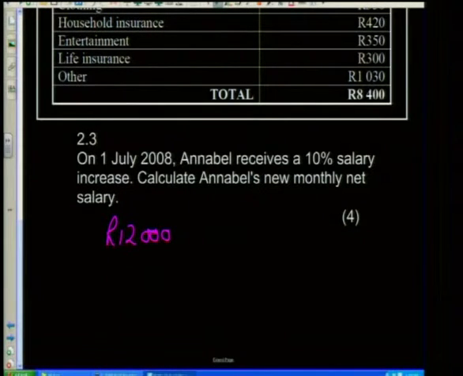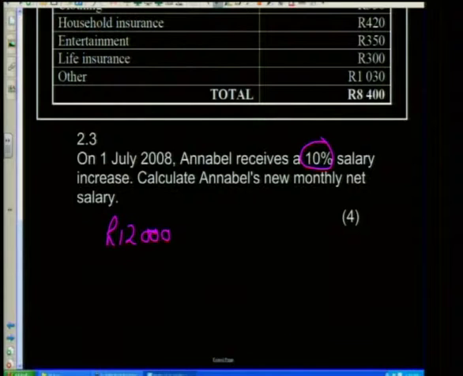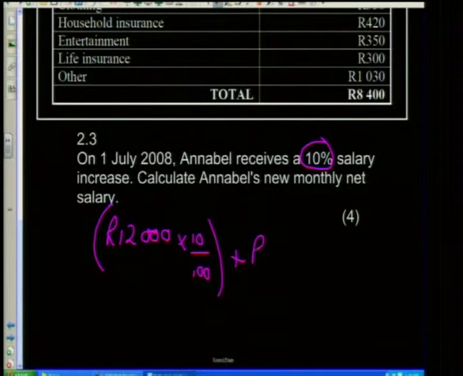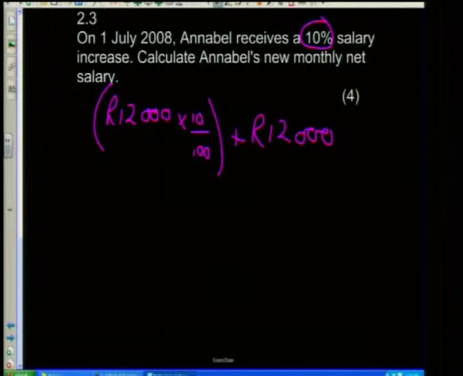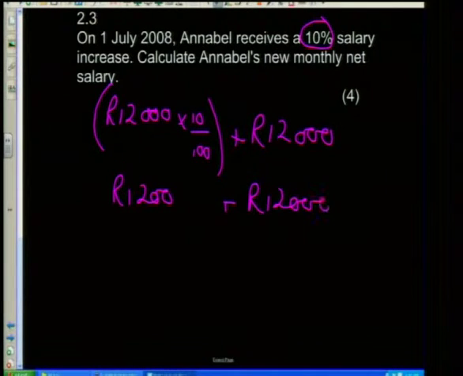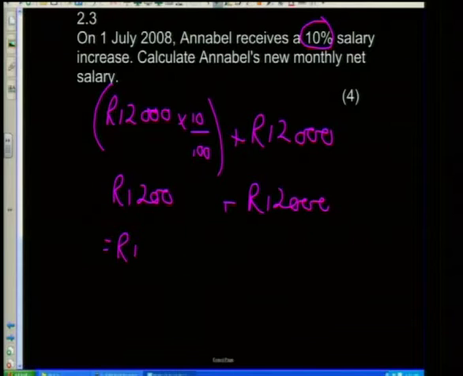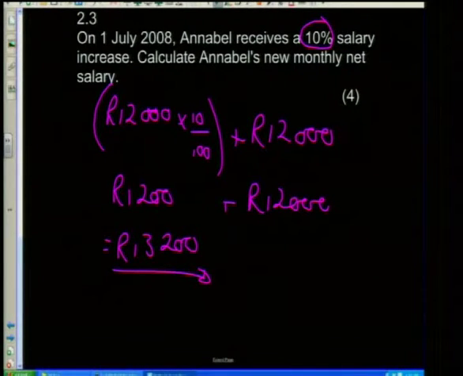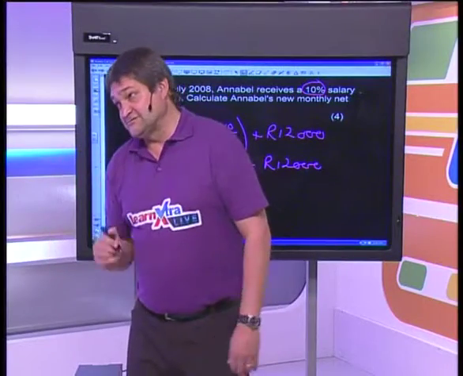She's going to increase it by 10%. So we're going to find 10% of that, and then add it to her 12,000 rand to find out what her new salary actually is. So 10% of that is 1,200 rand plus the 12,000 rand, which means she's going to land up with 13,200 rand. Will you remember 13,200 rand?